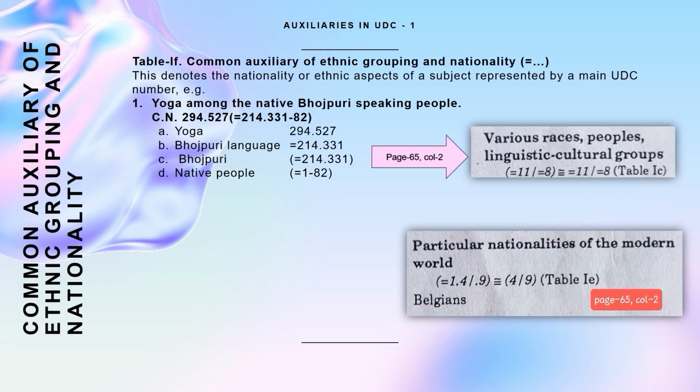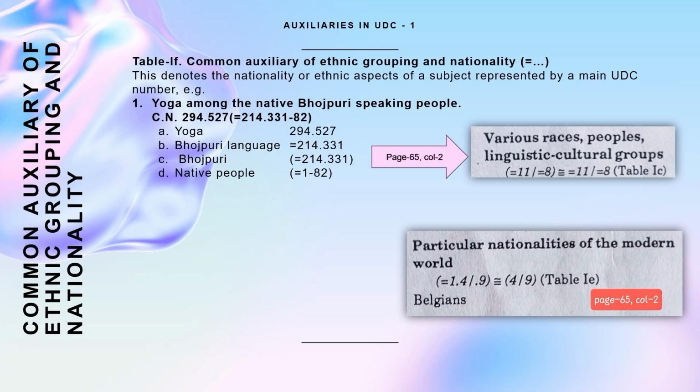So, you see the class number of the yoga is 294.527. Bhojpuri language equal to 214.331. So, the Bhojpuri, the race or ethnic people will be within parenthesis equal to 214.331, and native people within parenthesis equal to 1-82.